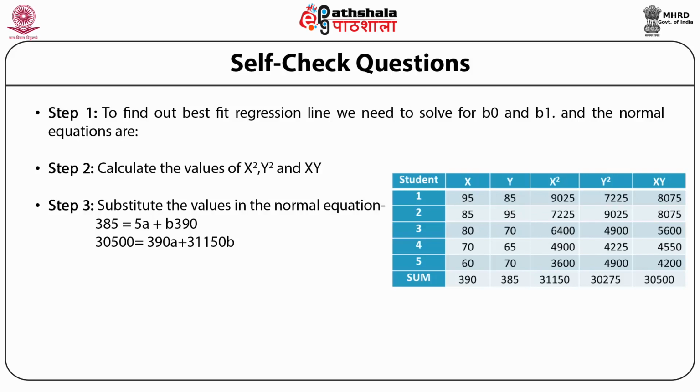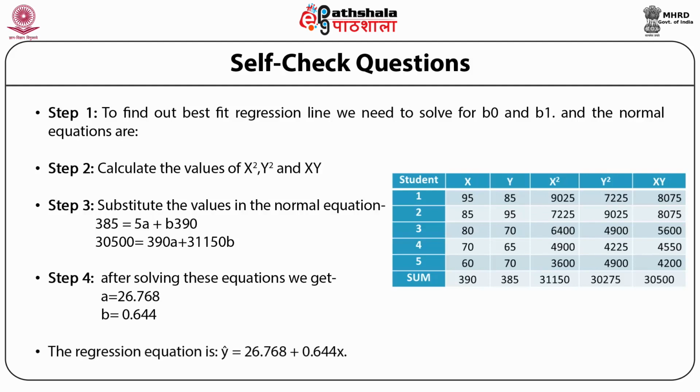The equations can be rewritten: 385 equals 5a plus 390b, and 30500 equals 390a plus 31150b. We solve these equations to get a equal to 26.768 and b equal to 0.644.